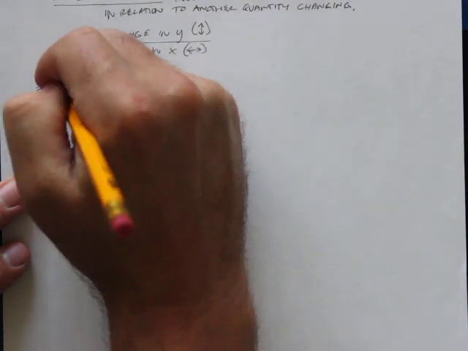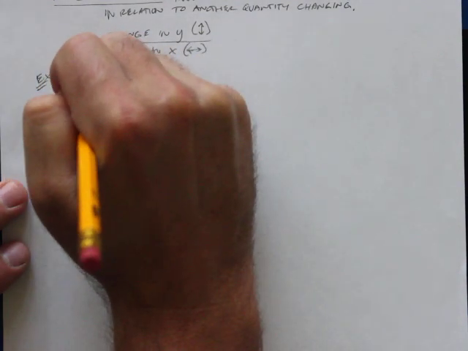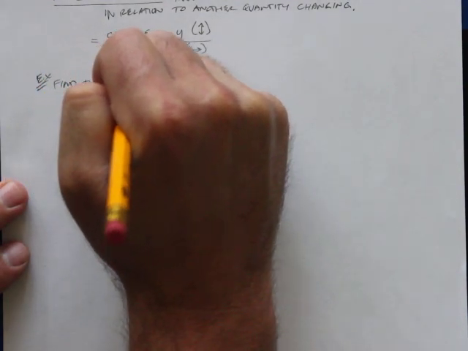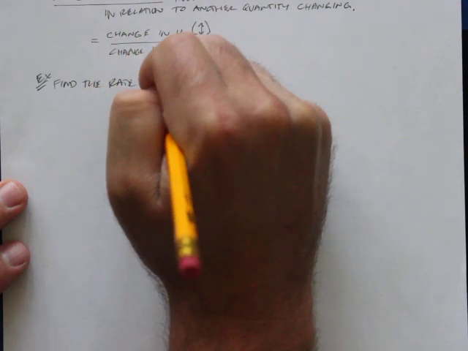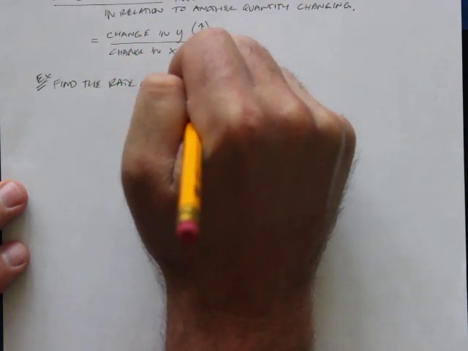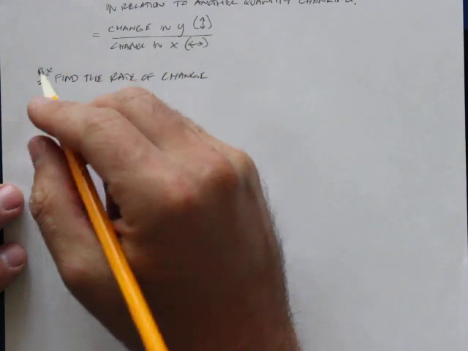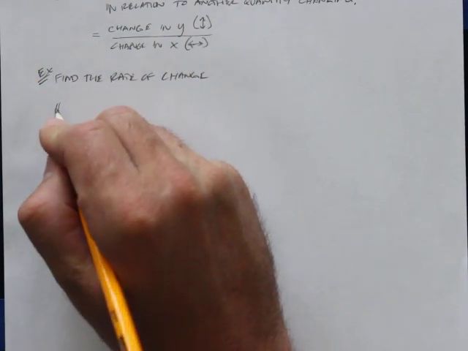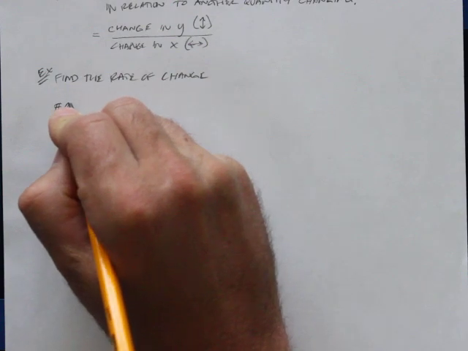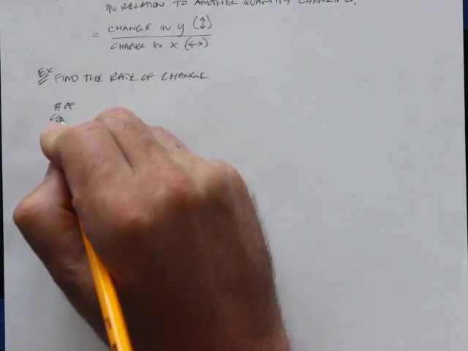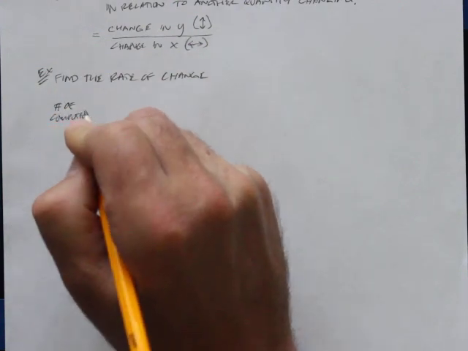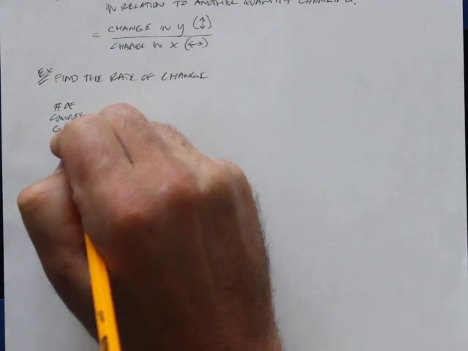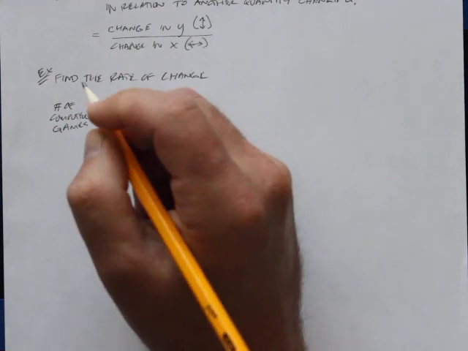Find the rate of change. So we've got the number of computer games. So you're going to go buy some computer games. So here's the number of computer games. And we're going to just say these are all the same price.